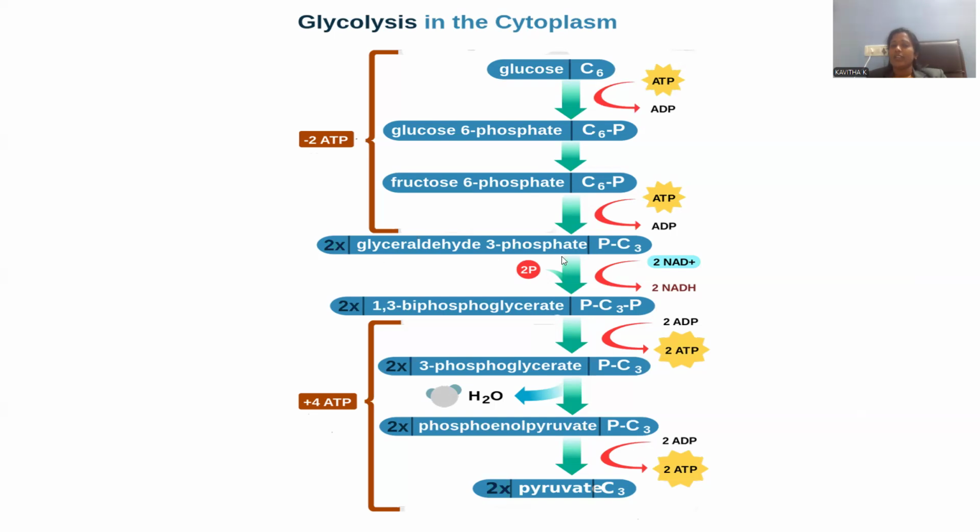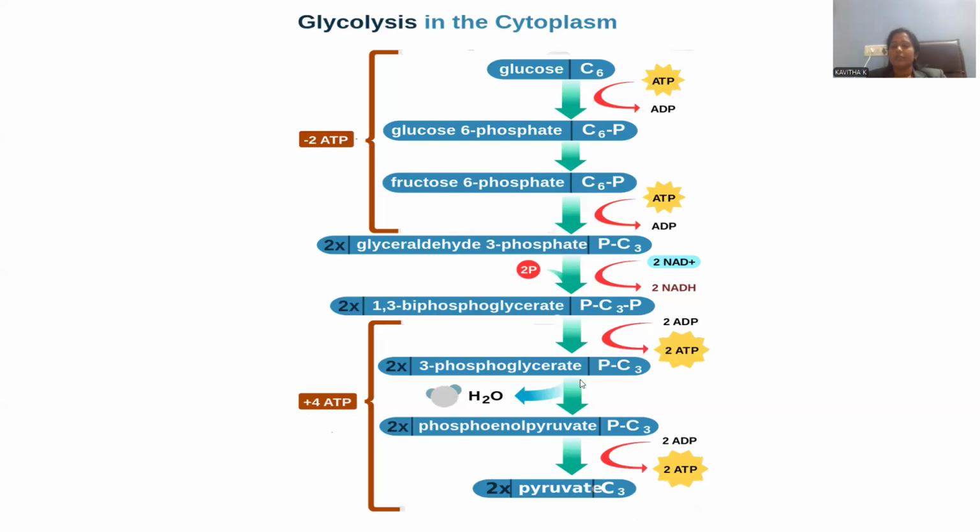Later on, 2 phosphates are added so that it turns into 1,3 diphosphoglycerate, which can now be transformed into 3 phosphoglycerate.